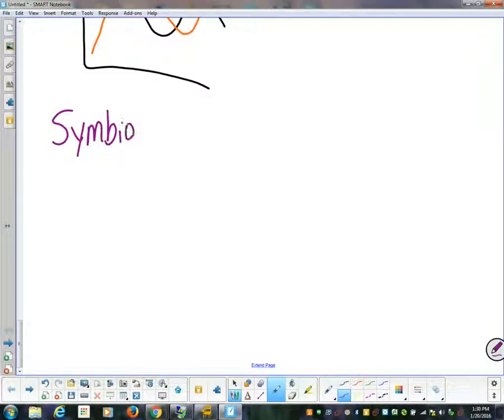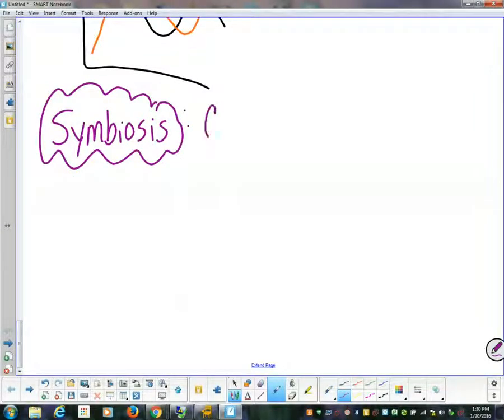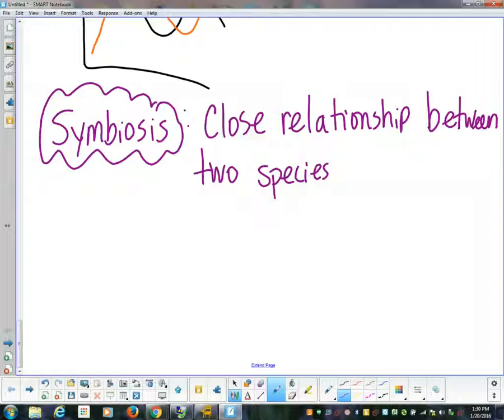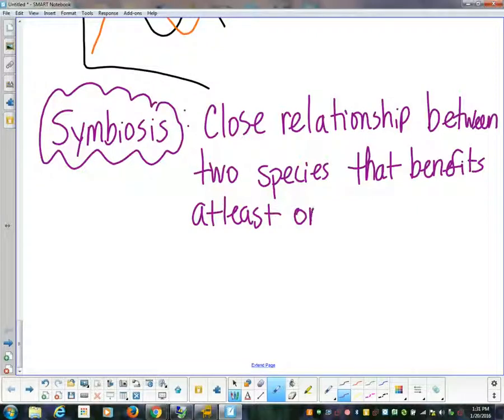Symbiosis is a term in which there is a close relationship between two species that benefits at least one species.